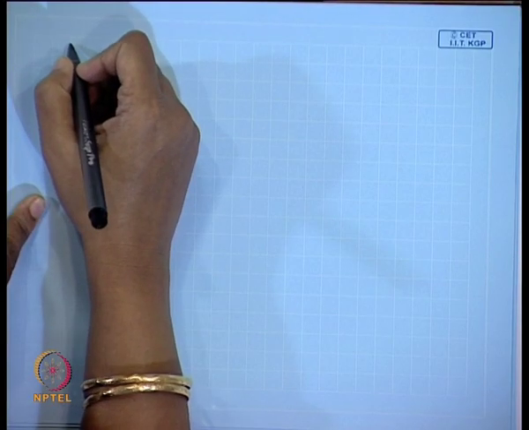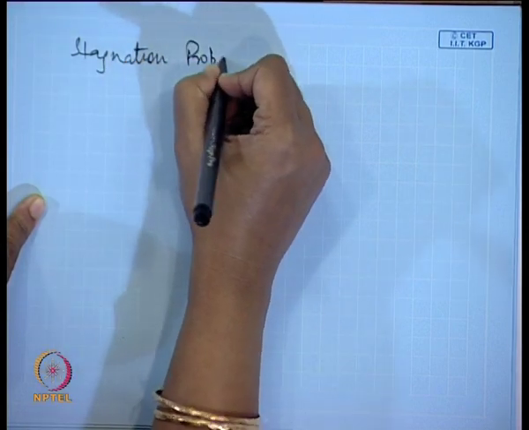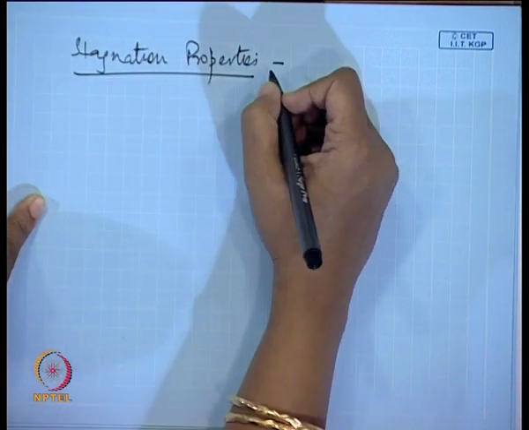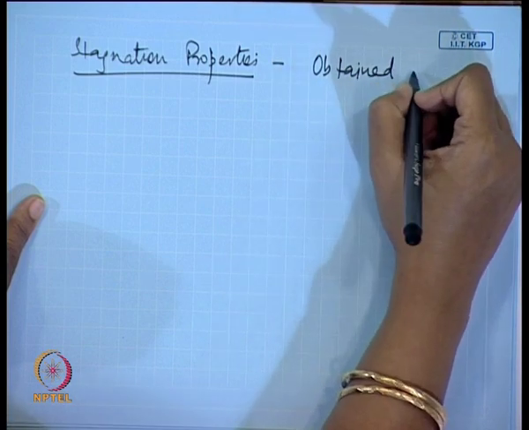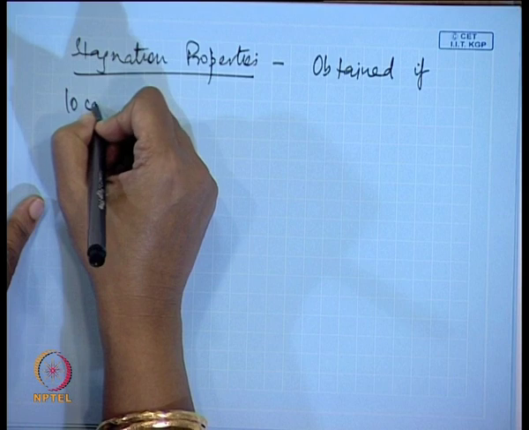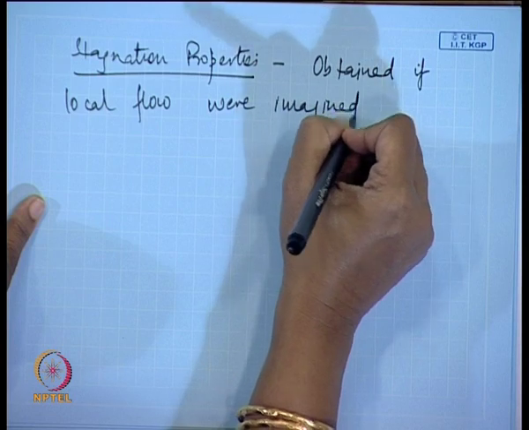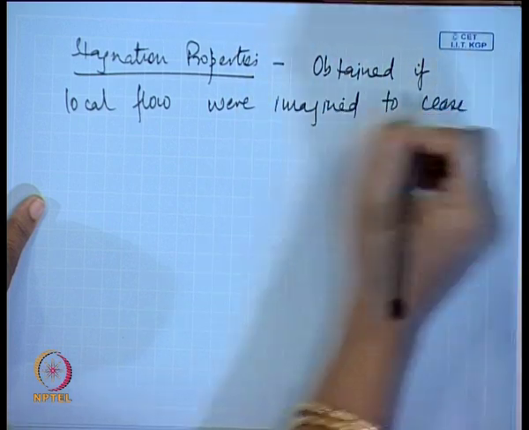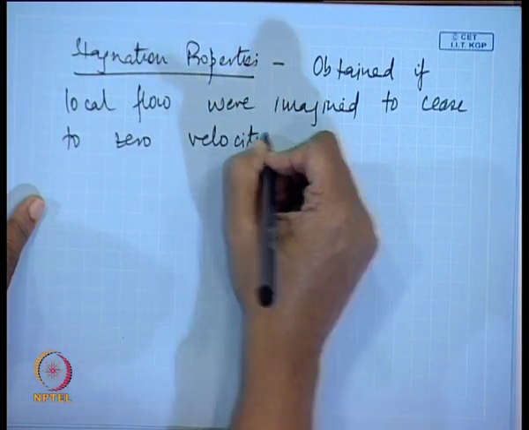So, the stagnation properties are defined as those properties which are obtained if the local flow were imagined to cease to zero velocity isentropically.